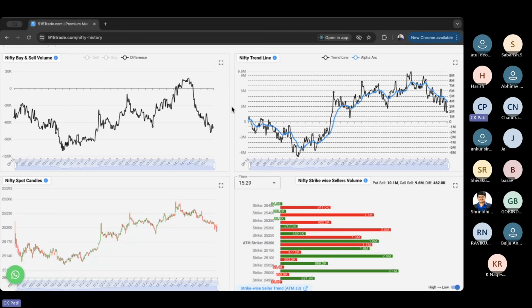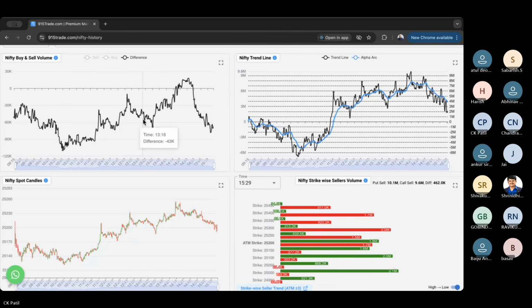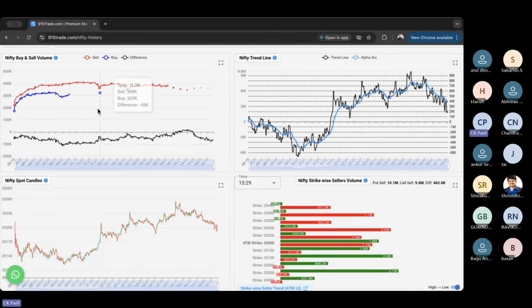That is the reason why we have a diff line. Just because sellers are at the top does not mean they are selling more. They sold at one point, that is why they are at high. Who is actually selling more? It is the buyers who are placing more orders than sellers. That is why it is important to see the diff line, or you need to know how to analyze this.